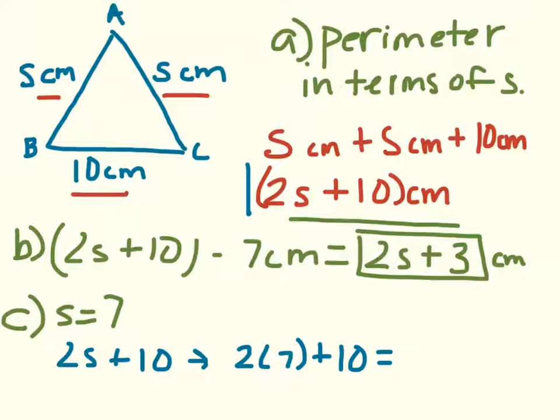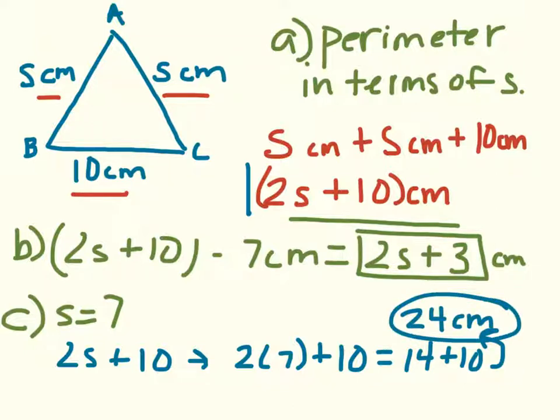That's going to equal 14 plus 10, or, sorry, we ran out of room here, 24 centimeters. So the perimeter of triangle ABC is 24 centimeters if S equals 7. Okay, this feels pretty straightforward to me, so let's dive right into a practice problem for you to try.